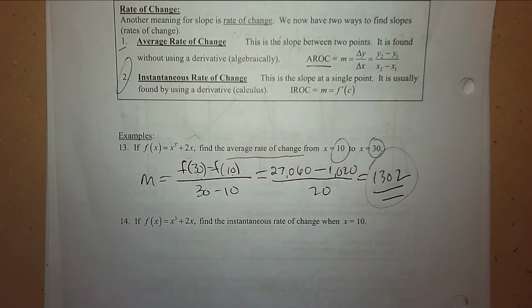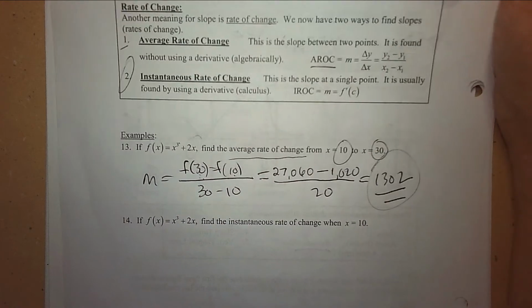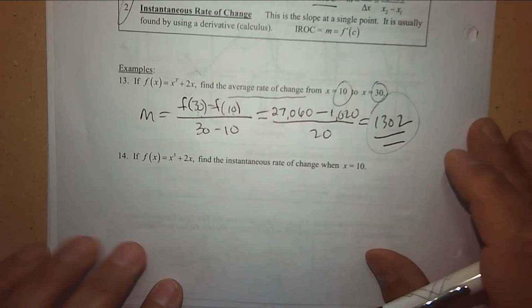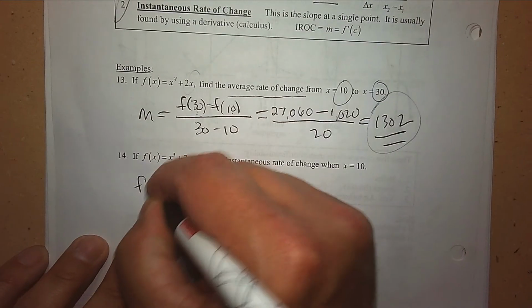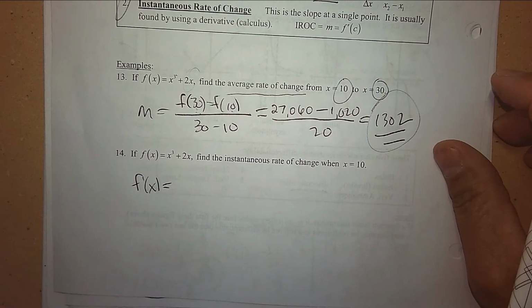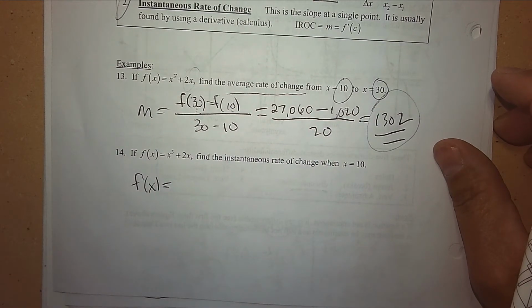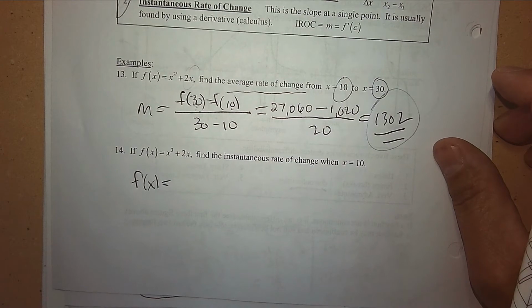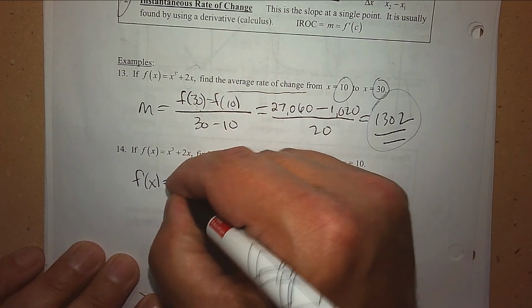Okay? How would you find the instantaneous rate of change? Doing the same numbers. You have to do the derivative. What's the derivative of x cubed plus 2x? 3x squared plus 2.